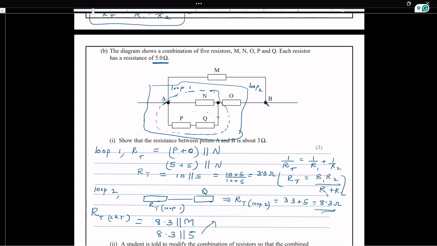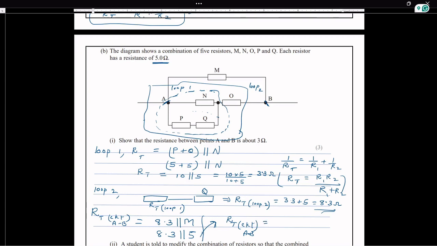Okay, so let us calculate it as RT of the circuit, the total resistance, or I can say RT between A and B.